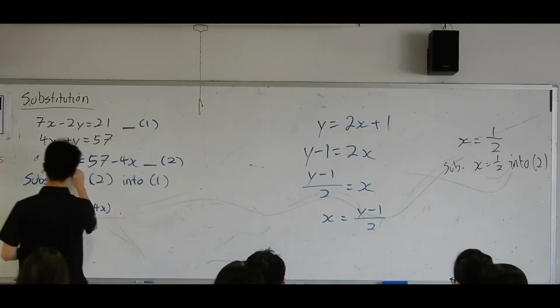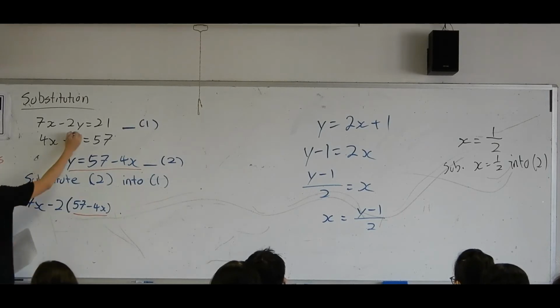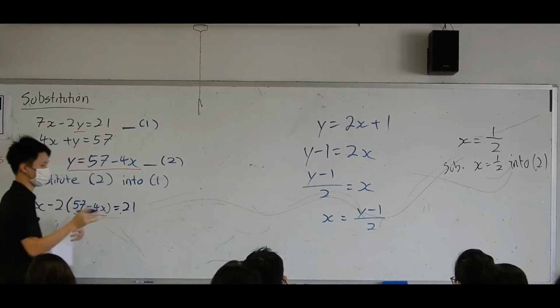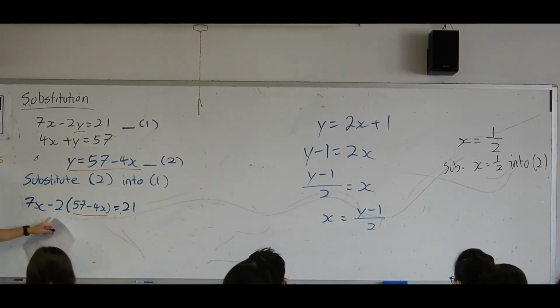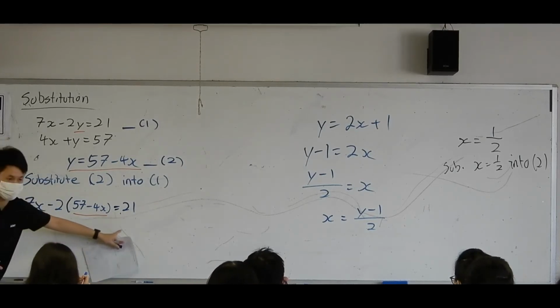So this entire thing here, if you realize, it becomes here. y equals to 57 minus 4x. Okay, same thing, complete the statement. There's no addition or elimination here. It's just purely substitution. By this method, we have successfully converted two variables into a one variable equation.